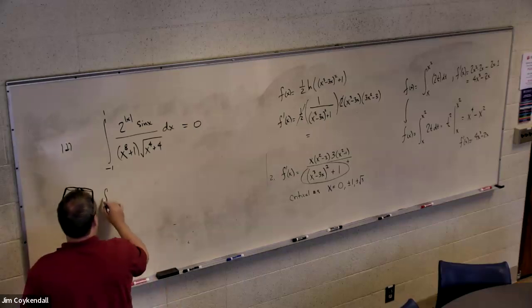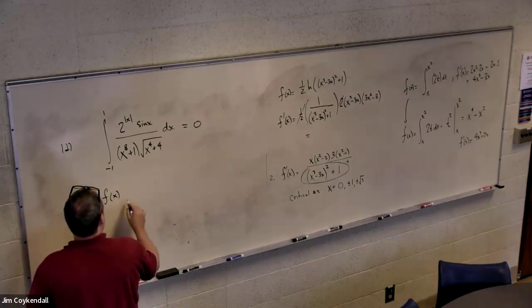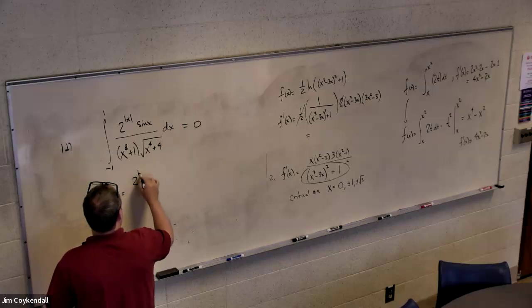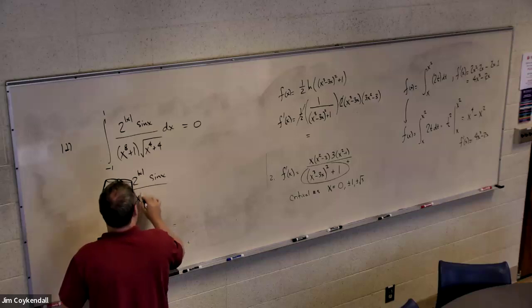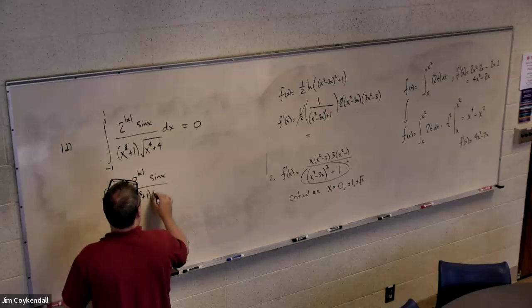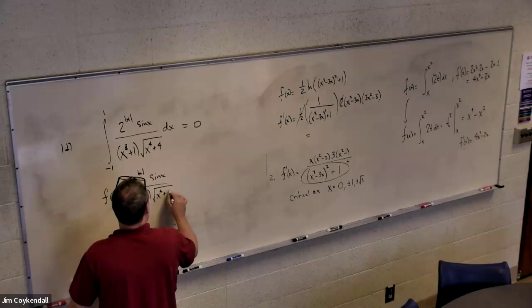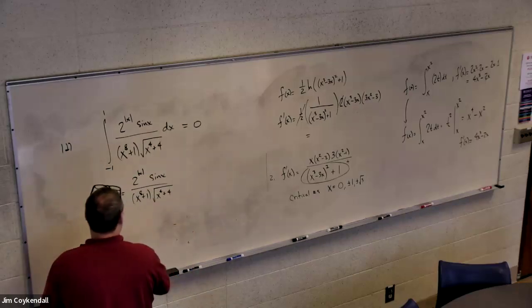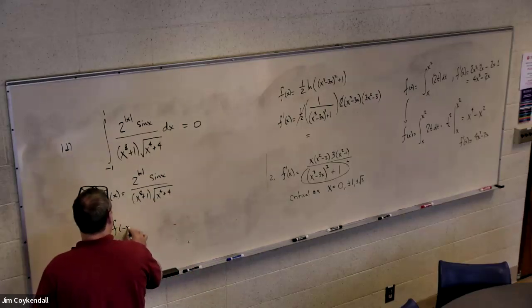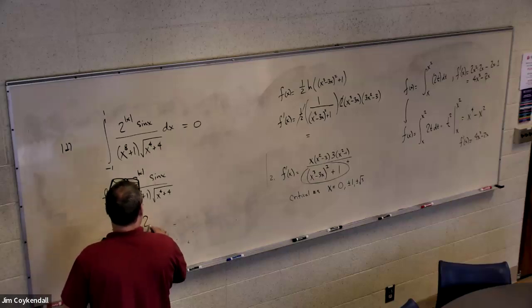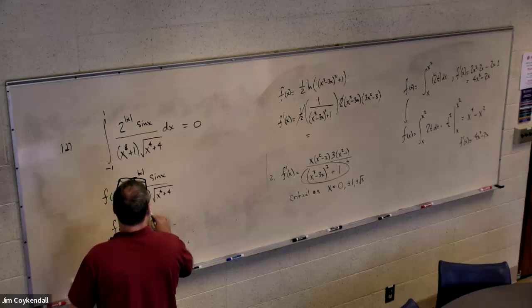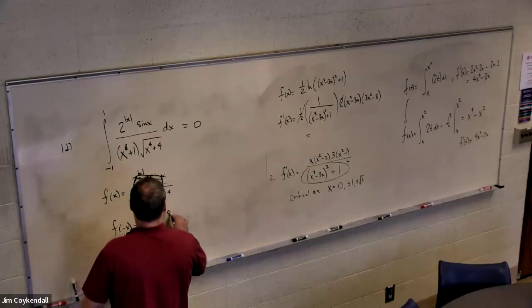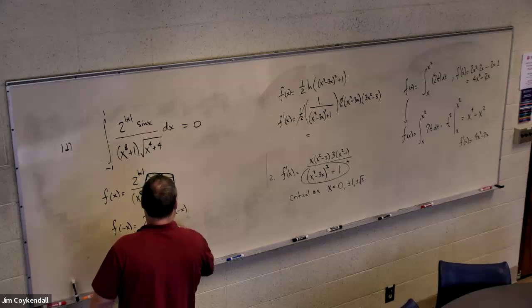Notice that x is this thing. If I replace x with minus x, this is 2 times the absolute value of negative x times sine of minus x.